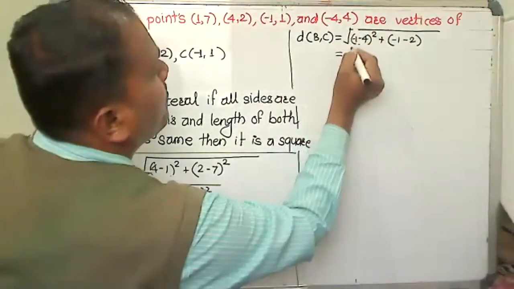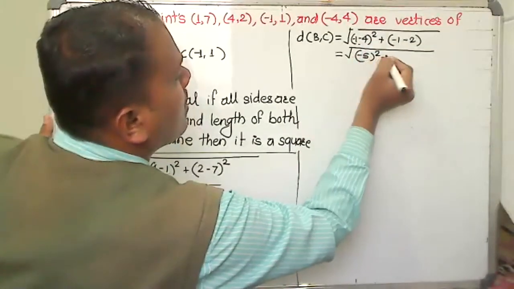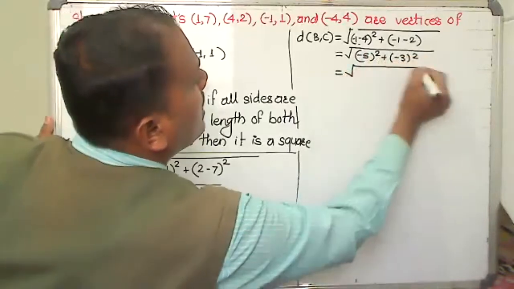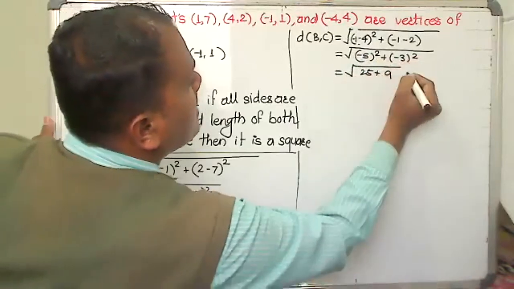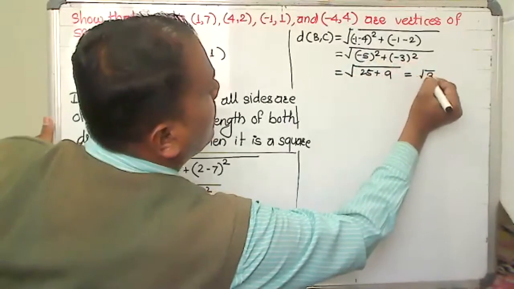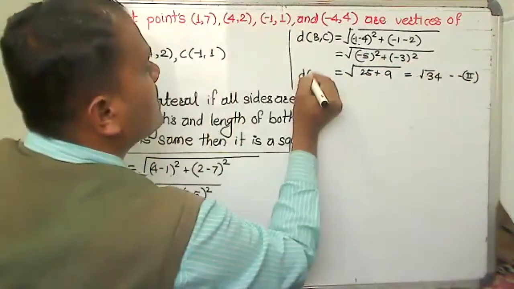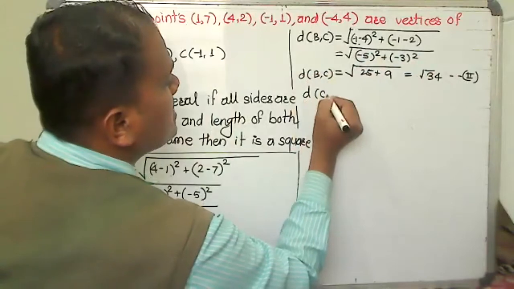So again, minus 1 minus 4 is minus 5, squared, plus (-1) squared. So again 25 plus 1 is 26. Or am I making a mistake? The point C is (-1, 1), and the second term is 1 minus 2, which is minus 1. Let me redo it: minus 5 squared plus minus 3 squared gives 25 plus 9, which is root 34. I am naming this as equation number 2. Now distance CD.